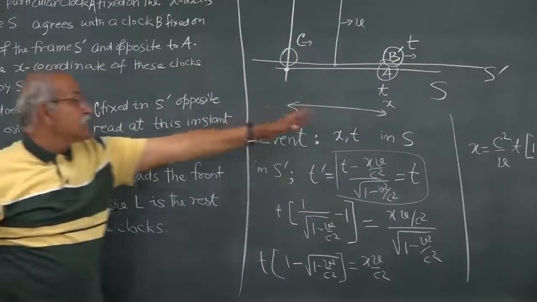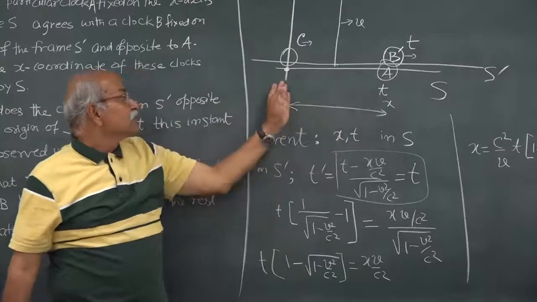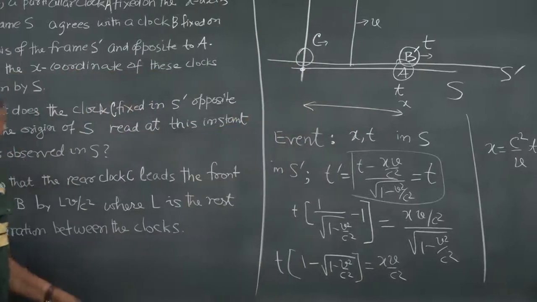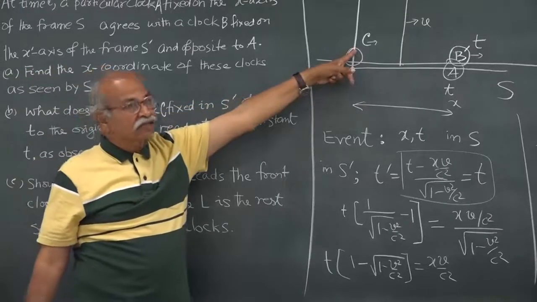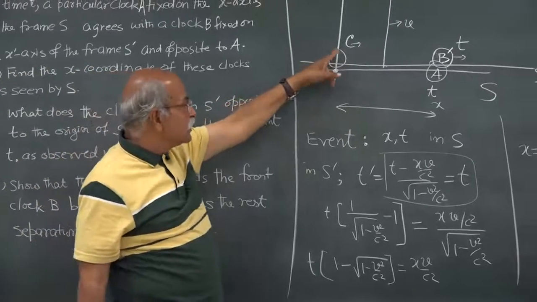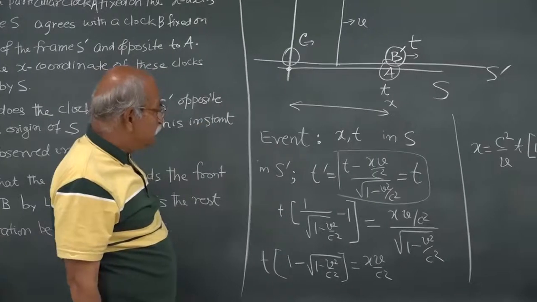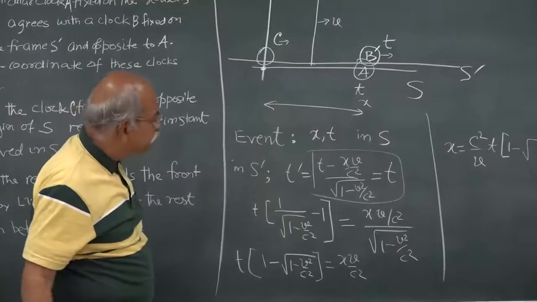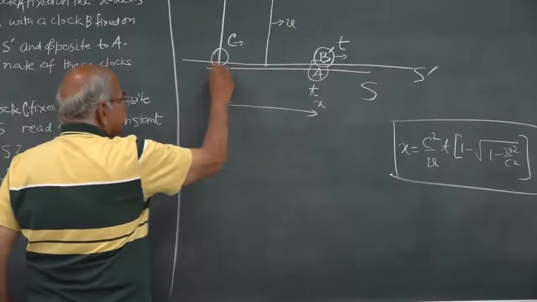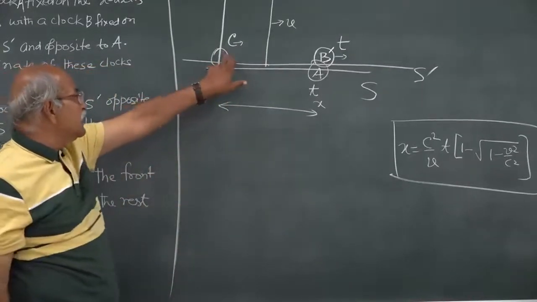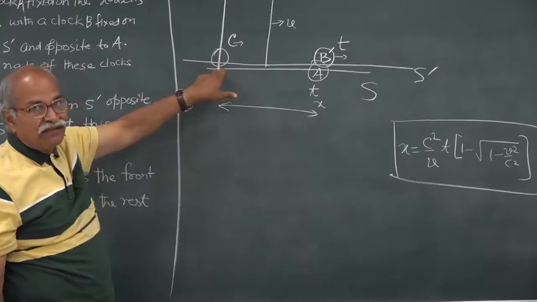But at this instant t, this clock is opposite to the origin, and the question is, how much does this clock read? So, this is the question. Okay. So, let me make some space. Now, this event, this clock C is opposite to the origin.